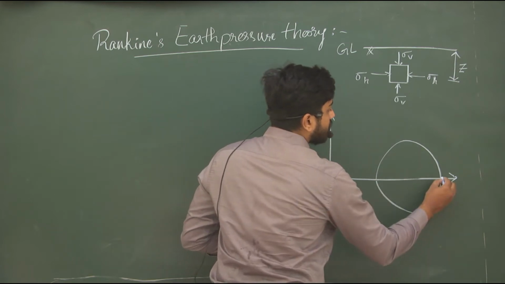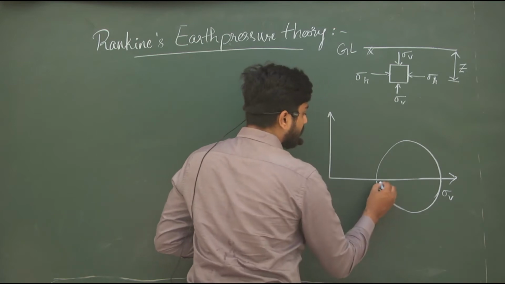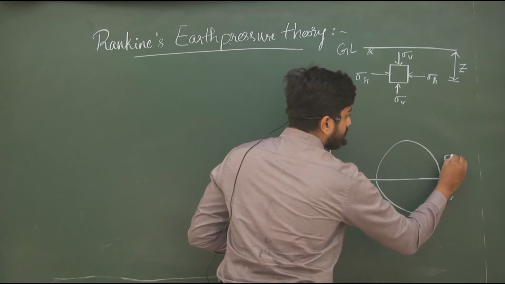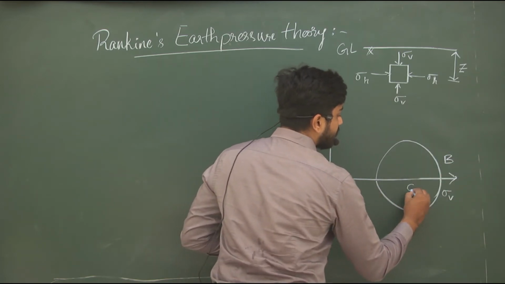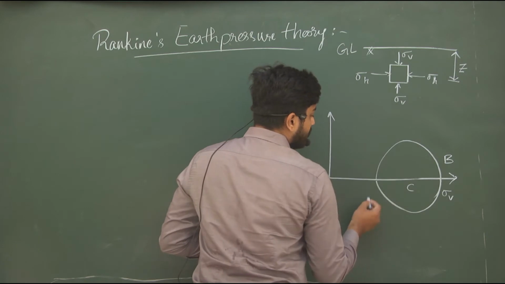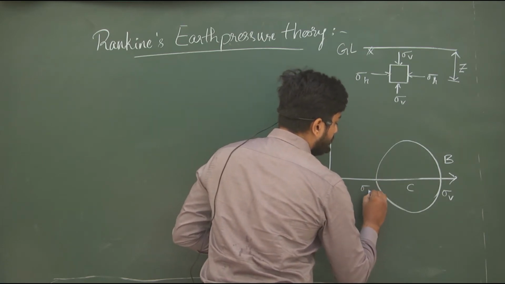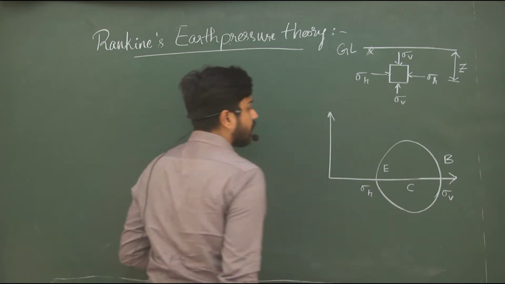Initially this is my sigma v, and let this particular point be capital B, and let the center be C, and let the point where the stress is sigma h be E.